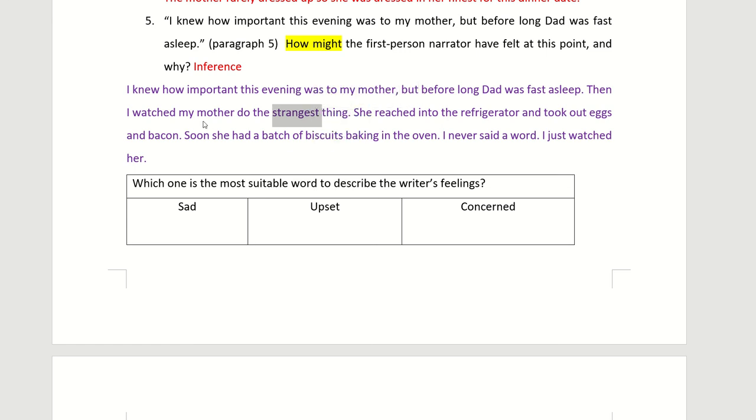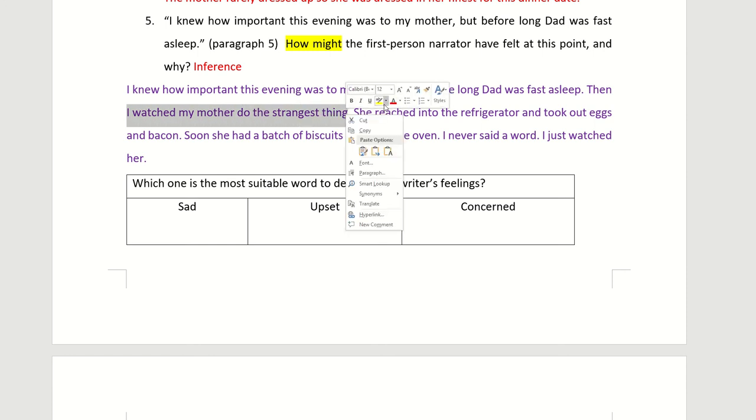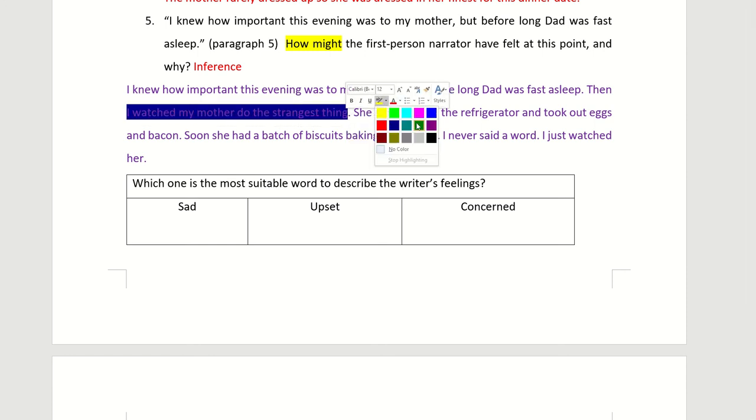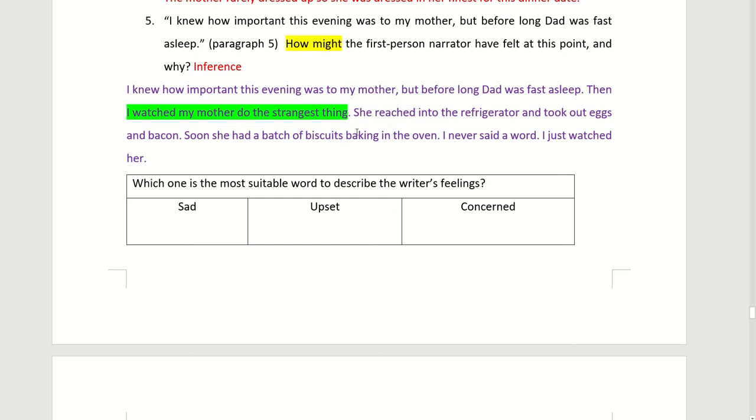I watched my mother do the strangest thing. Did you notice that? Okay. They're supposed to go out, right? But mother did this. Started cooking. So which one is the most suitable word to describe the writer's feelings? Is it sad? What does sad mean?